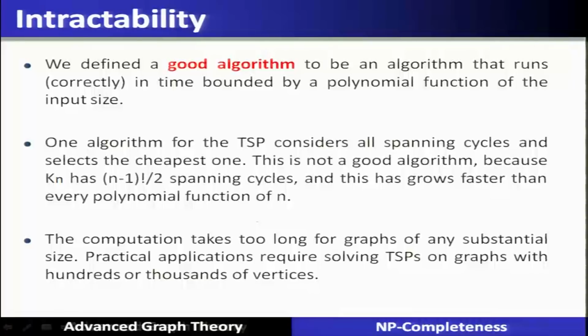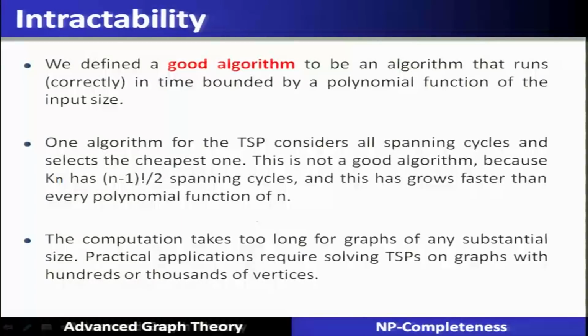NP-completeness. Intractability. We defined a good algorithm to be an algorithm that runs correctly, obviously, in time bounded by a polynomial function of the input size. Those are called good algorithms.